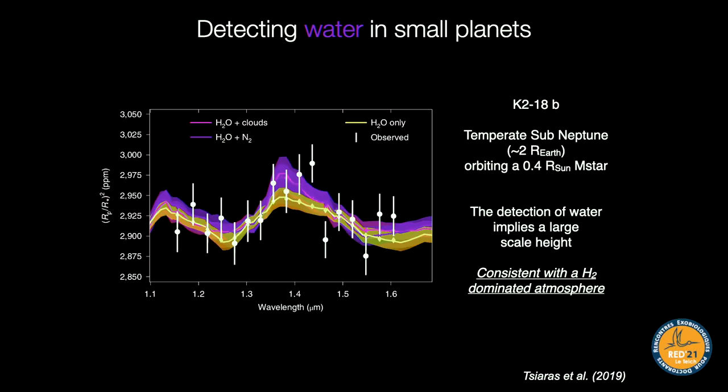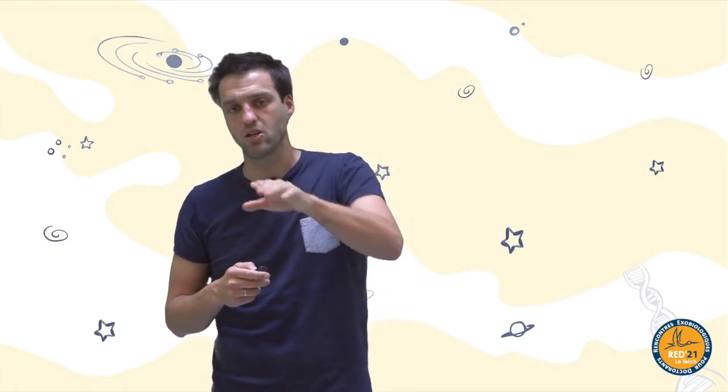It's really more like a small Neptune that is cold enough to have water vapor and maybe water clouds. Although in later studies, it's been shown that maybe these water features might actually be due to methane.